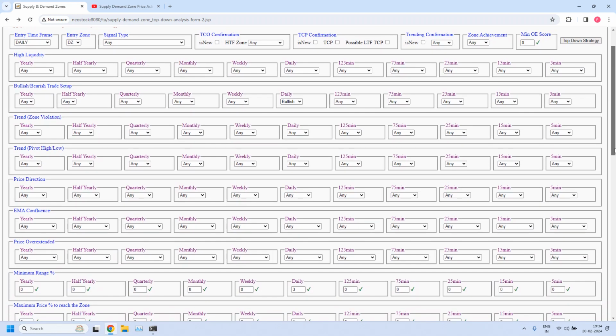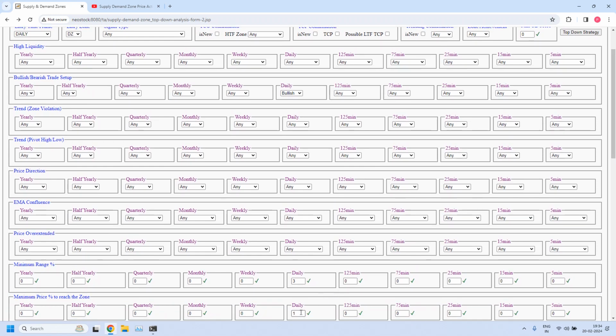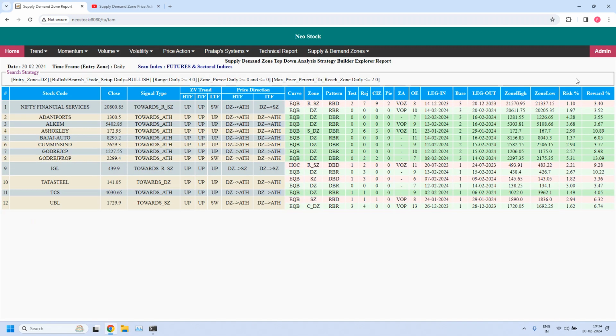Maximum price percent to reach the zone within 2% on the daily time frame. 12 stocks are filtered within 2% to the zone. In this, currently Tata Steel is moving towards the demand zone. If tomorrow Tata Steel price is down by 2%, definitely we get an entry in this stock.